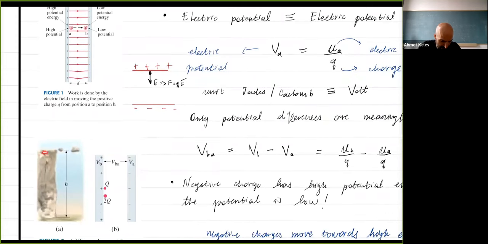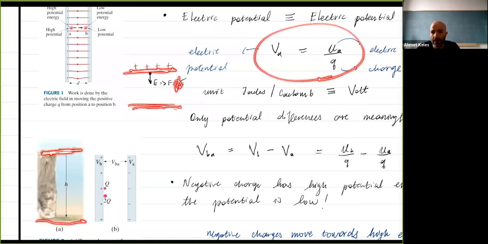For the gravitational case, the higher ground has the higher potential energy and this one has the lower potential energy. And for this, it has to have high potential energy here, low potential energy here for a positive charge. And if we eliminate the charge by defining this, this is the high potential, this is the low potential.